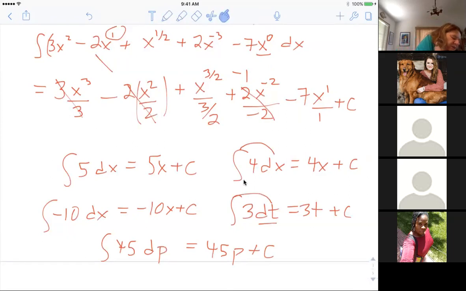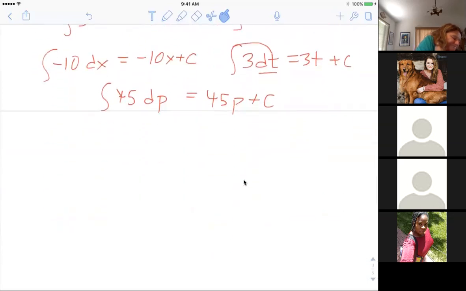Quickly, and then I'll let you go, guys. If you say here is an antiderivative, you're going to get 2x squared over 2 plus 5x plus c.